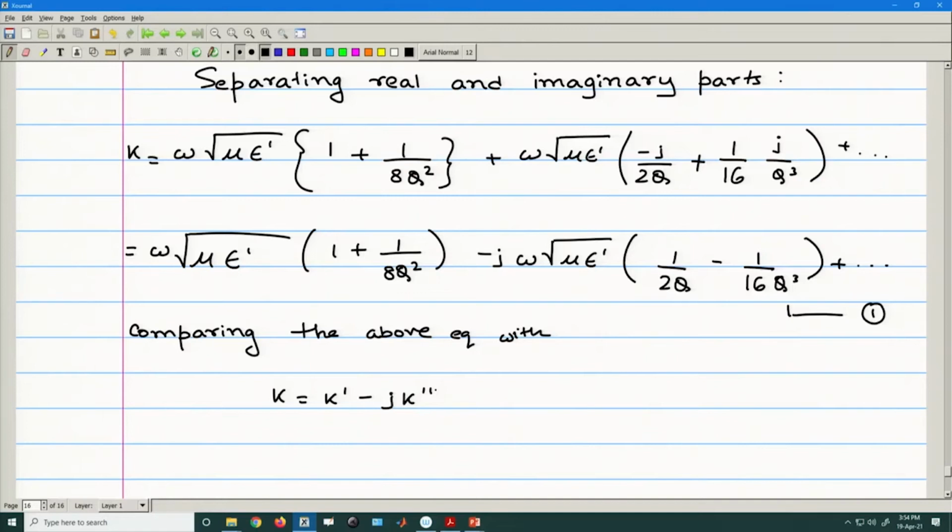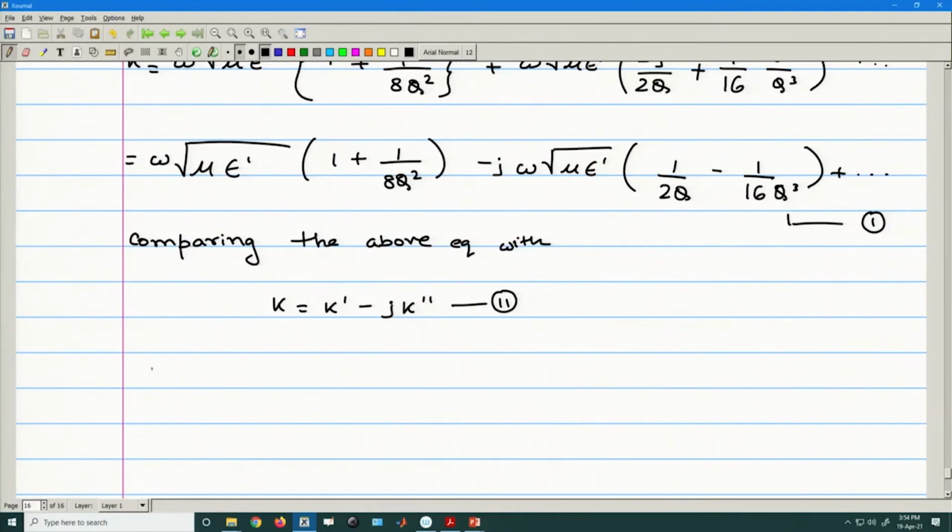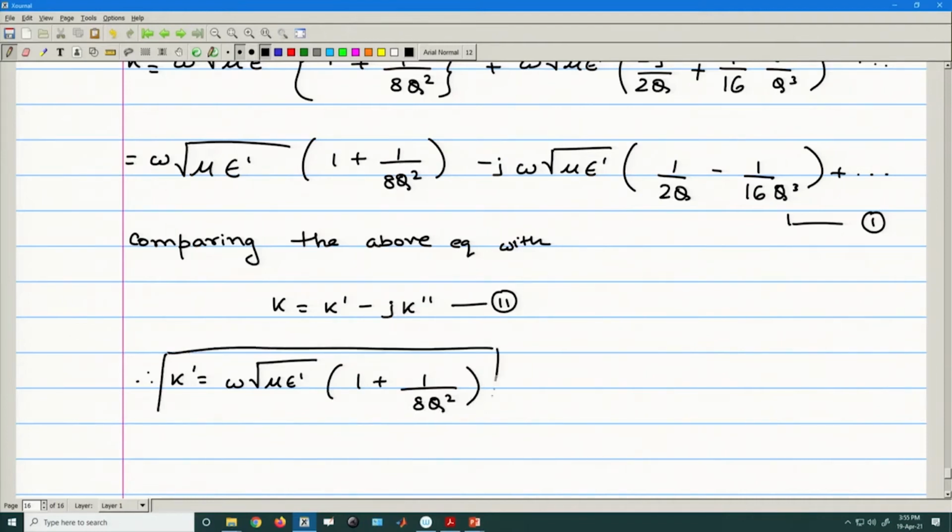Comparing 1 and 2, we get k prime, the real part, that is omega root under mu epsilon prime times root of 1 plus 1 by 8q square. So k prime is this, and this is proved.